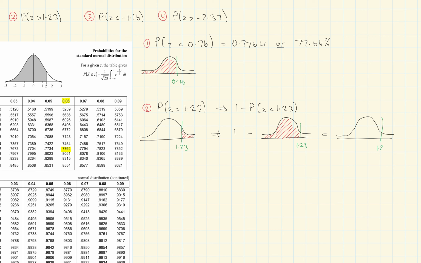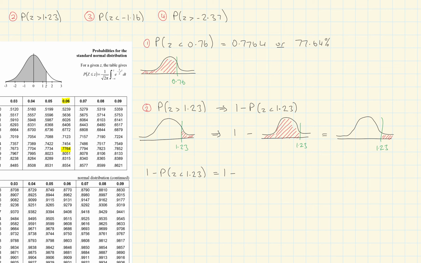So there's 1.23. So when we figure out the area to the left of it and subtract it from 1, we're left over with the balance here, which is what they looked for. So we've 1 minus the probability that z is less than 1.23.